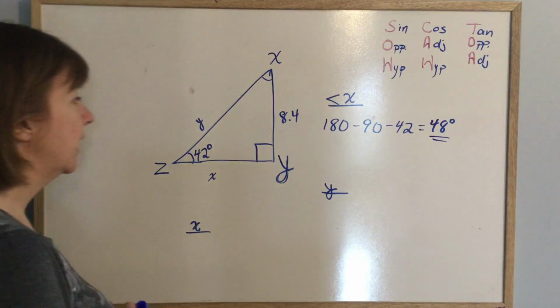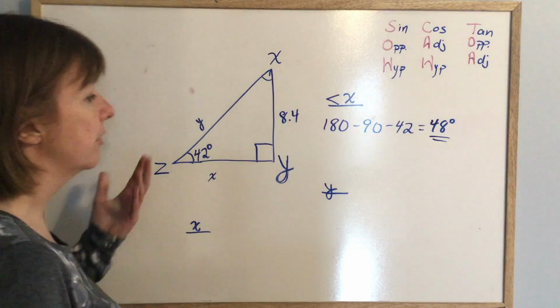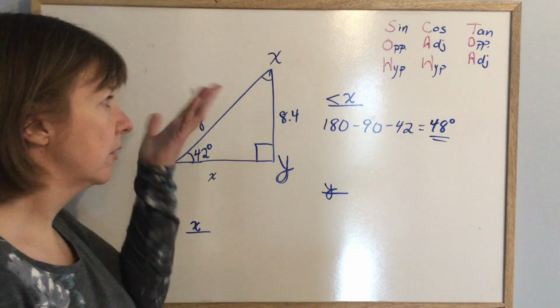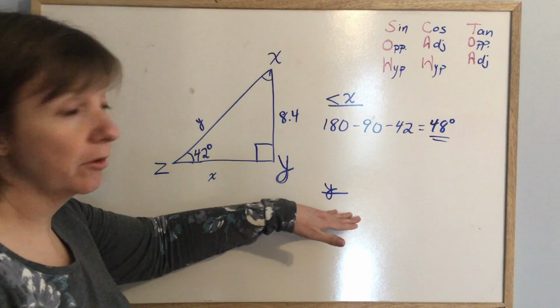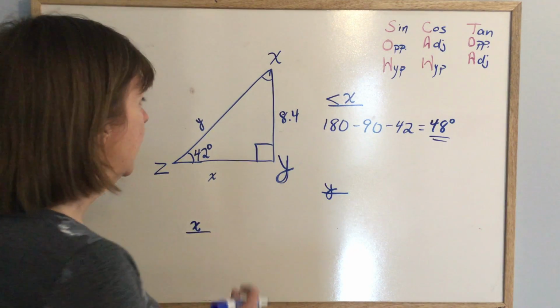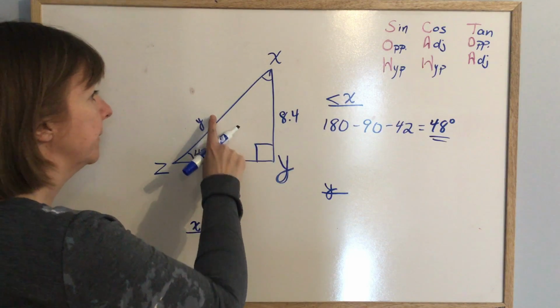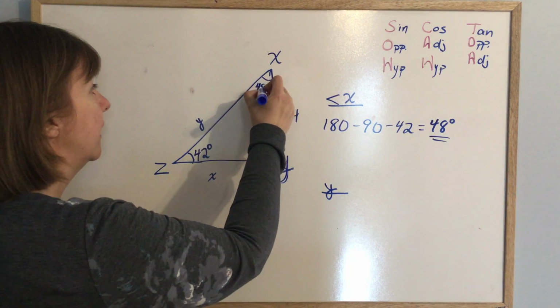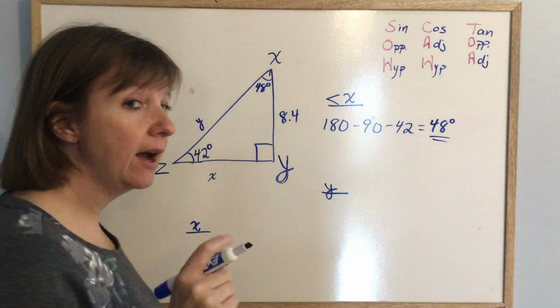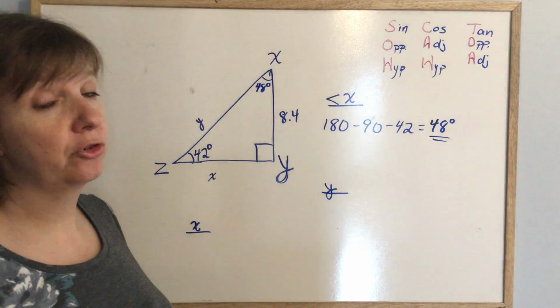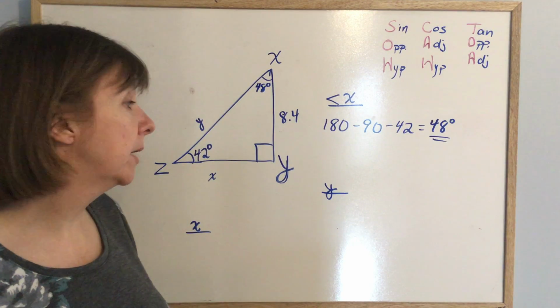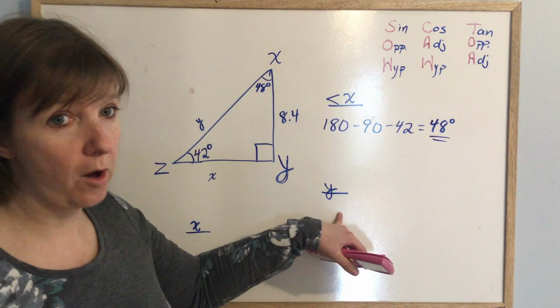All right, so now I need to find another side, and honestly, I don't care which one. This one's right here, so I'm going to do this one. If I want to find side Y, I now know that this angle is 48. However, I'm not going to use 48 in my calculation, and here's why.